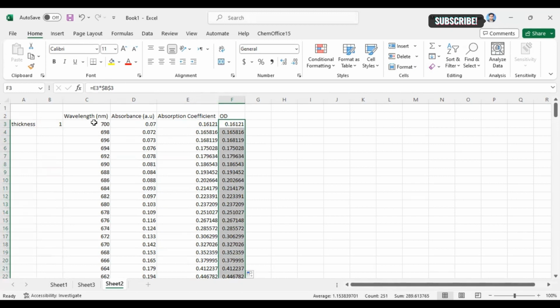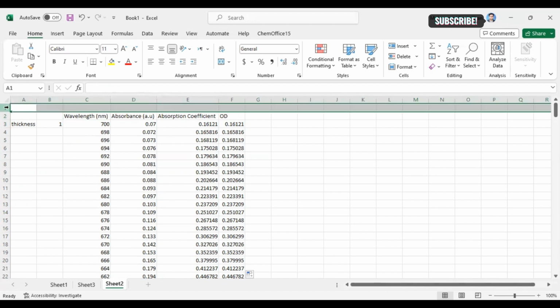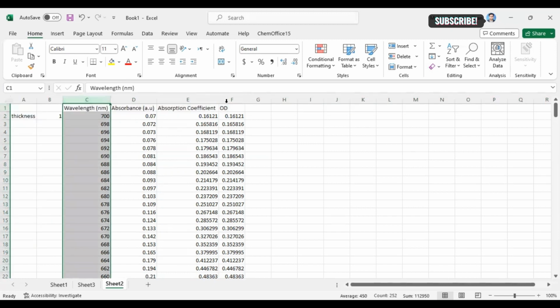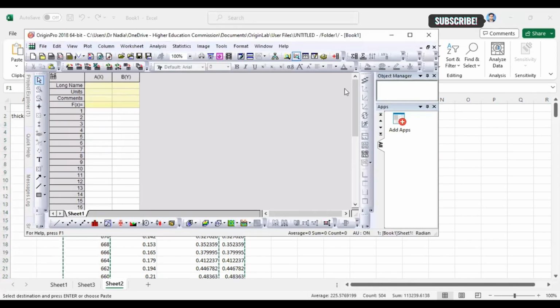Now you can put this into a graph in Origin. Let's copy this data. Let's copy this and this, and we'll put this into the Origin.